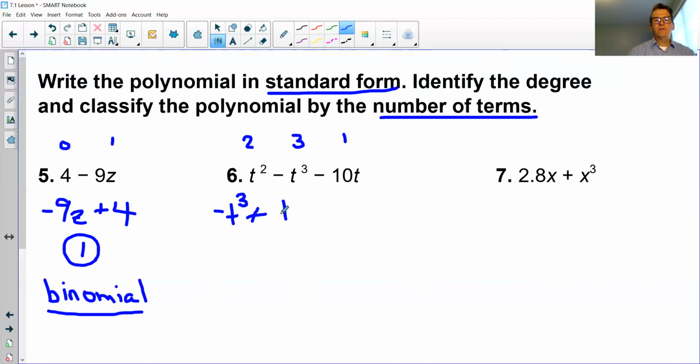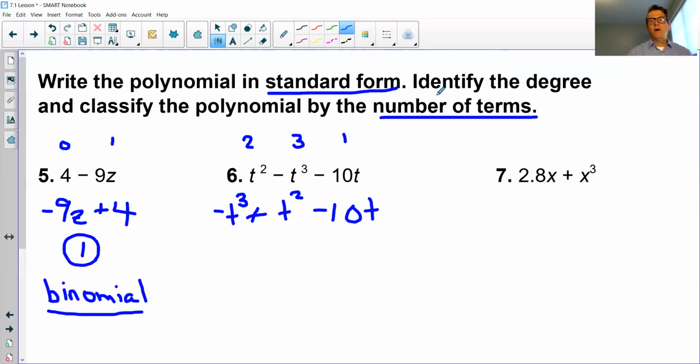Plus t squared basically says 2 is the degree of this first term. So this t squared would be second, and then your last would be negative 10t. Just don't forget your negatives. They come along with you when you're rewriting it in standard form.